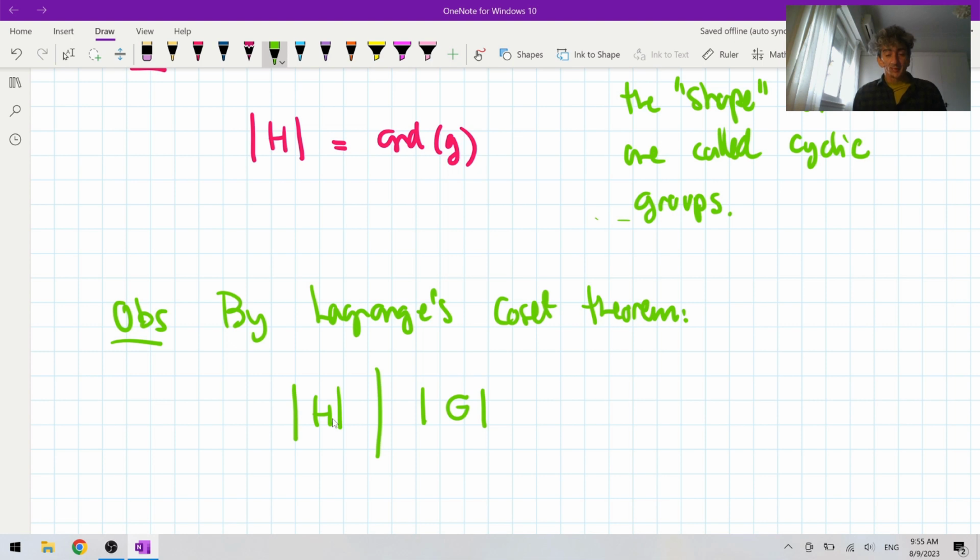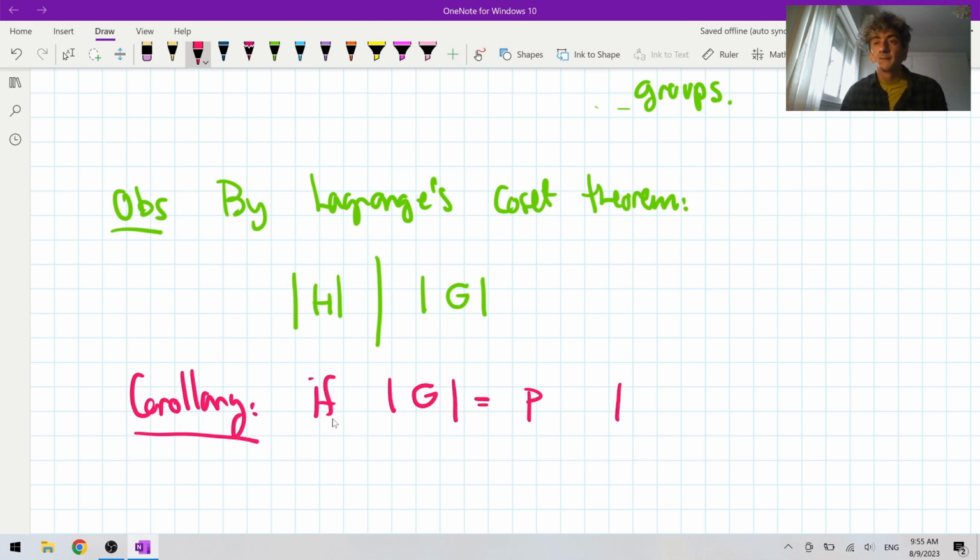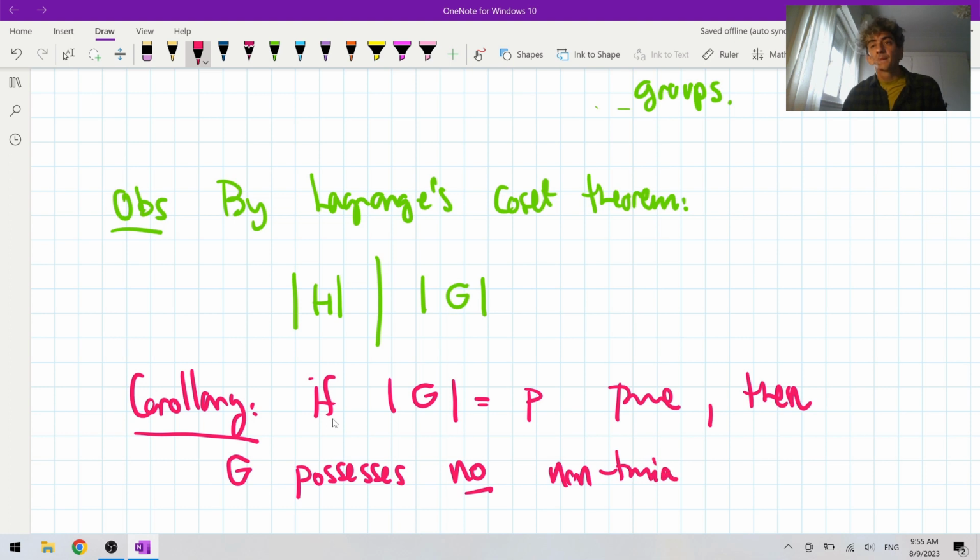Okay, so this is a very important theorem. Here is a corollary. If the order of a group is a prime, then G possesses no non-trivial subgroup.